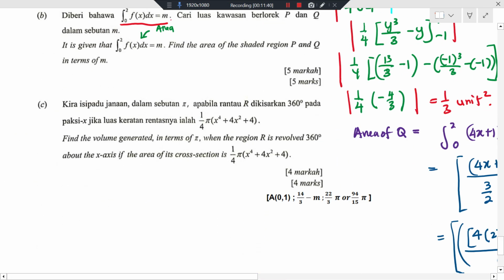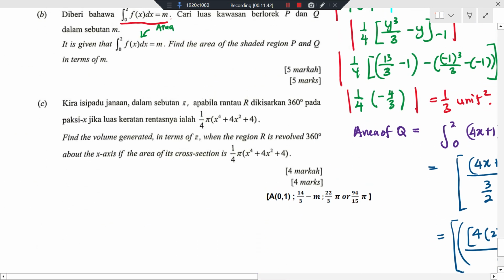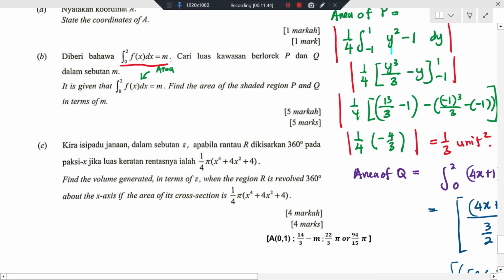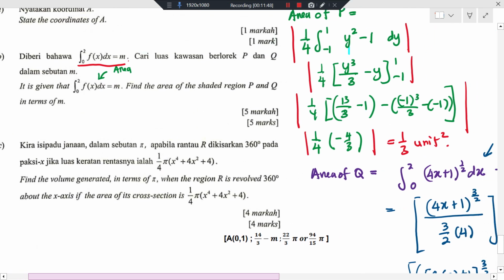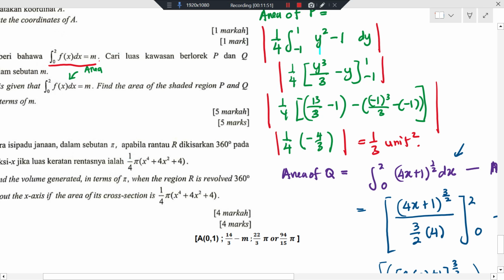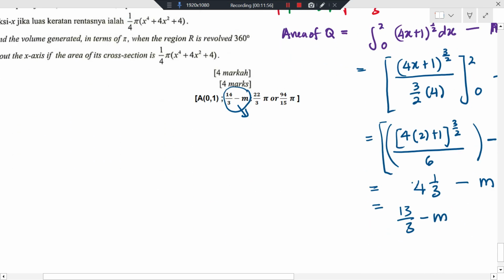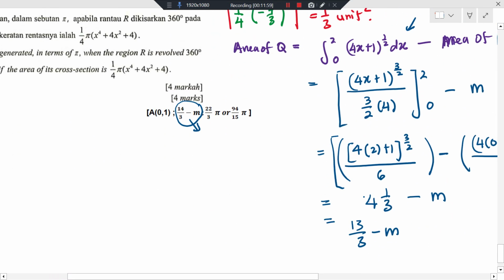Now, read back the question. Find the area of shaded region of region P and region Q. Okay. Region Q, I didn't provide the answer, I guess. Just now it's not 13 over 3.